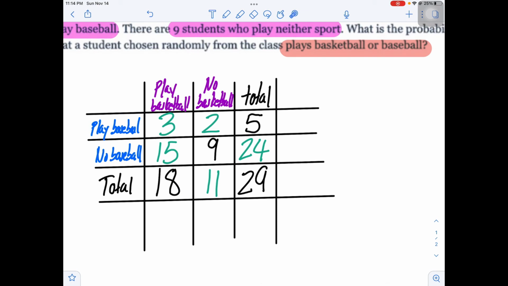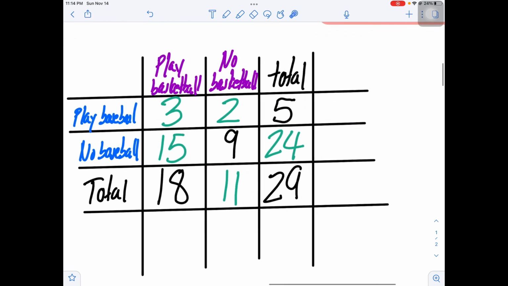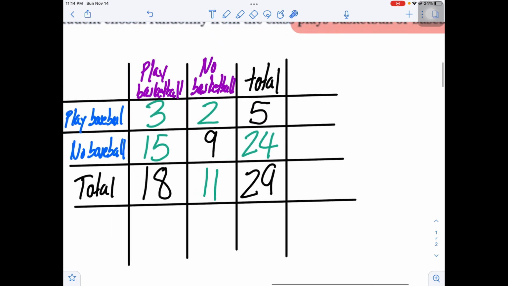So let's break it up here. Let's go with baseball first. So how many people play baseball? Well, we know 3 play baseball, and another 2 play baseball. So 3 and 2. Now there's a reason. I'm sure you're thinking, Mister, why not just go with 5? You'll see why I'm not just going with 5 here.